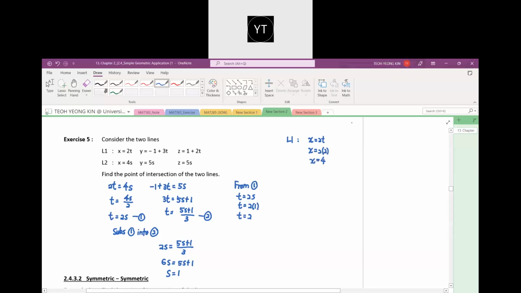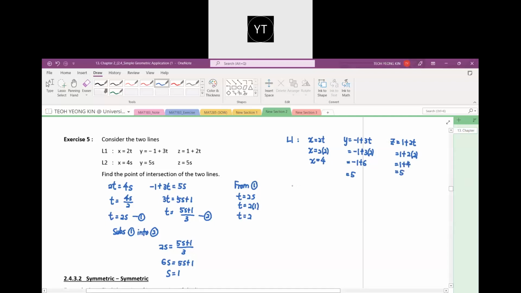Then y is equal to negative 1 plus 3t, so negative 1 plus 6, which is equal to 5. Then z is equal to 1 plus 2t. Again our t is 2, so 1 plus 4, which is equal to 5.